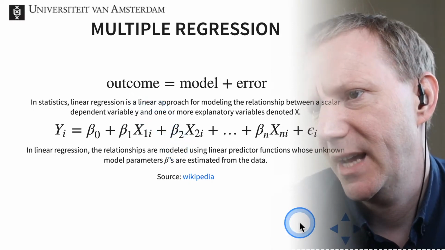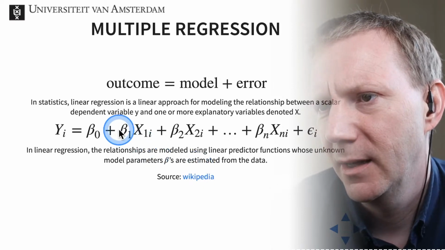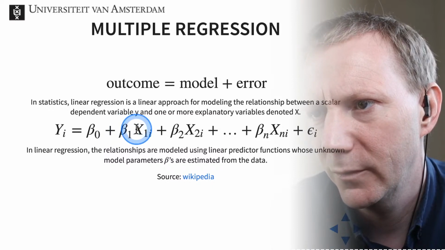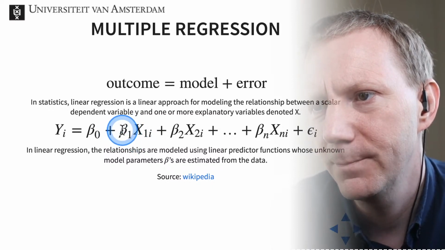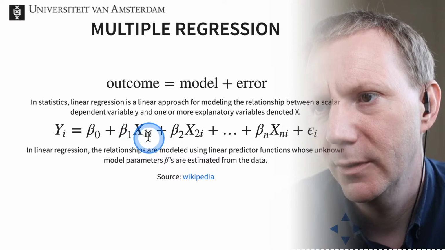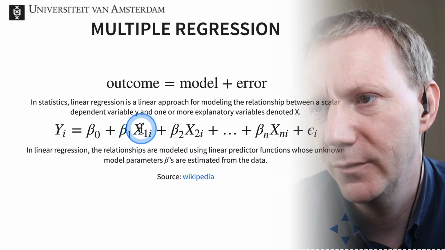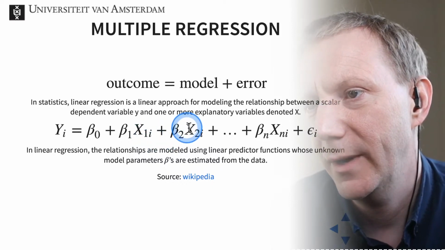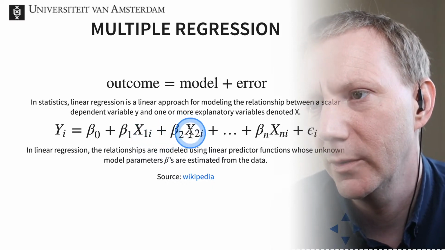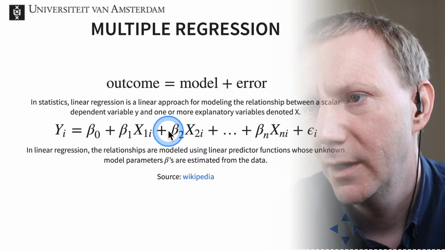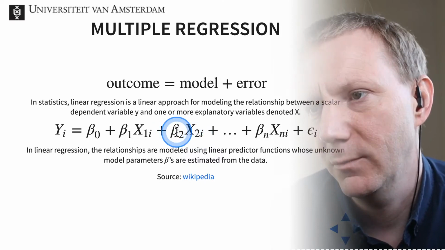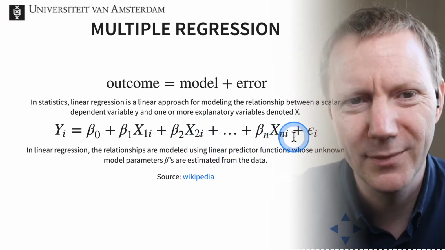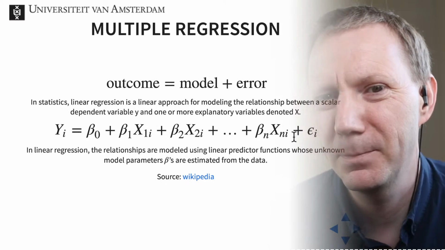And then we're just adding more variables again and again. We have an intercept, and a slope for the first variable. So this is b1, the slope that we apply to our first continuous variable. And if we add another continuous variable, x2, then that one also has a slope. And we can add even more, you can just keep on adding.